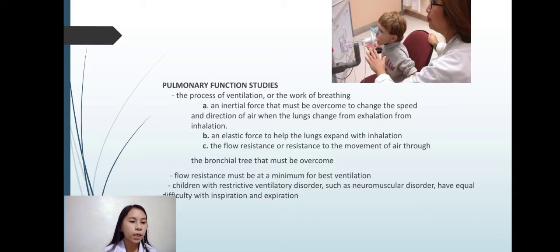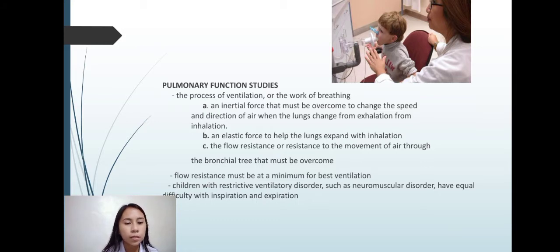So pulmonary function studies measure how well your child can move air in and out of the lungs, and are also called the breathing test. It will help your healthcare provider tell if your child has lung disease, how severe it is, and what medications may help.